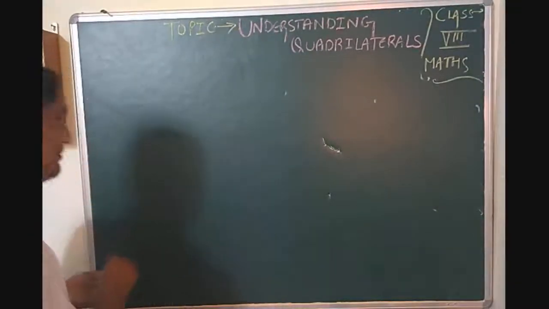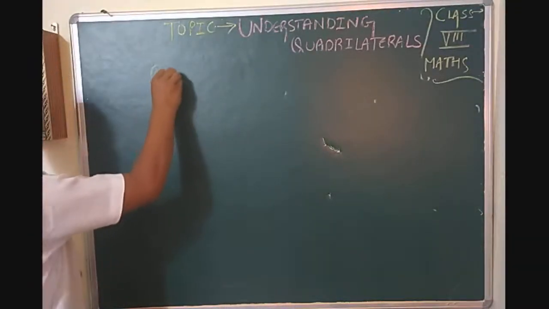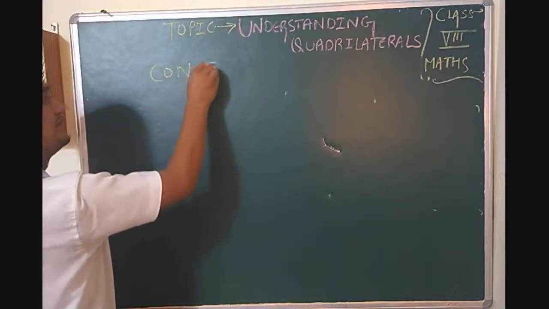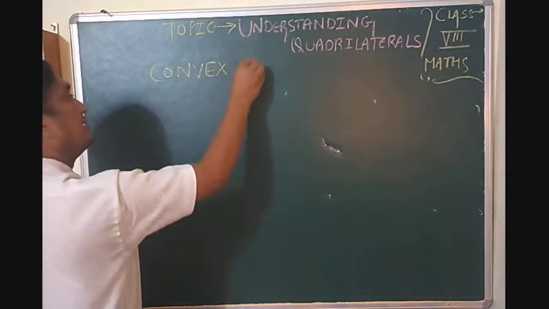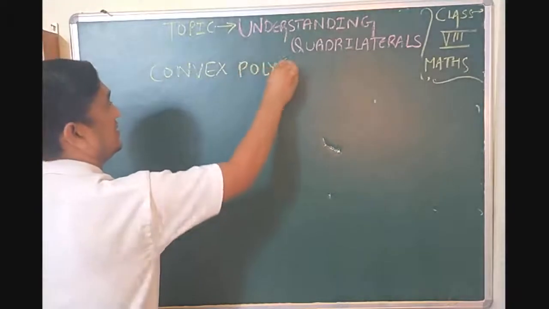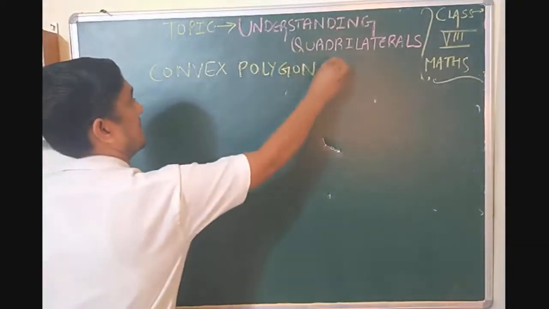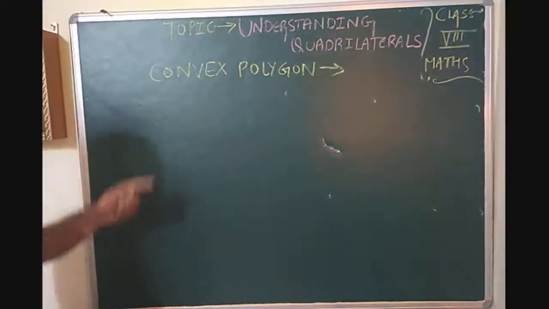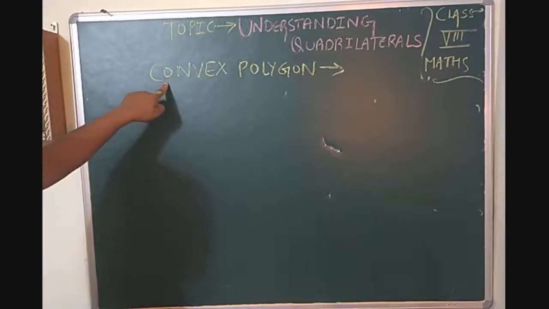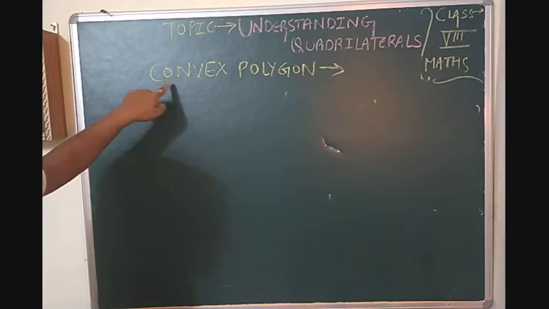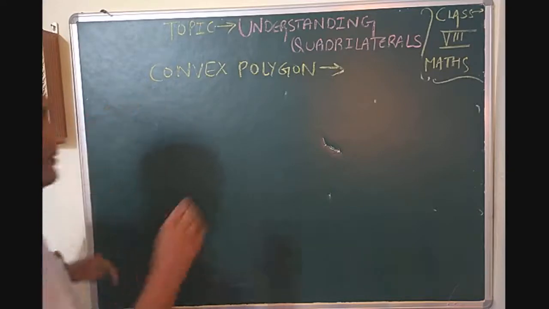Next is what, children? Please pay attention. Convex polygon. Very, very important, children. Convex polygon. Children, look. Convex polygon means those polygons in which their diagonals must lie inside it.